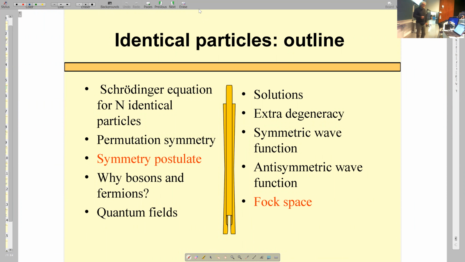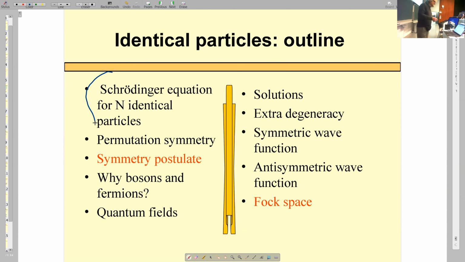Fine. What will be the concrete topics, how do we start and where do we go? We will write the Schrödinger equation. We know what the Schrödinger equation is, but we will write it for n particles, for a big number of particles. And we almost immediately specialize to identical particles.